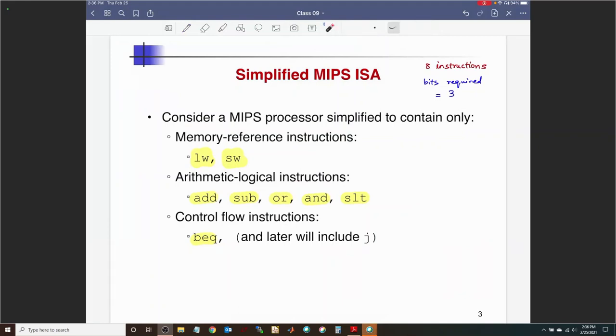So in this simplified MIPS ISA, I essentially need only 3 bits to identify one instruction from the other. So keep that in mind, because you are going to see this number appear for the ALU opcode option that we will have. All right.